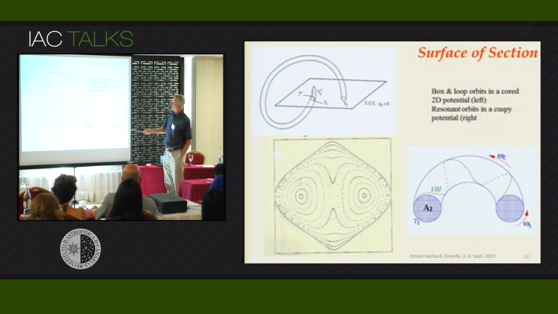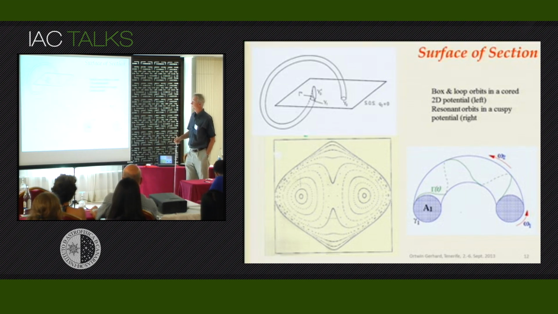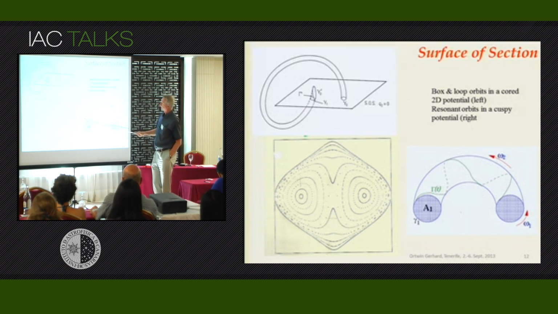So the torus is a geometrical structure, and in these two-dimensional Hamiltonian systems, the surface of section is one way of mapping out one of the cuts through the torus. You can also see that different tori that correspond to different orbits will have different shapes and cross sections here.